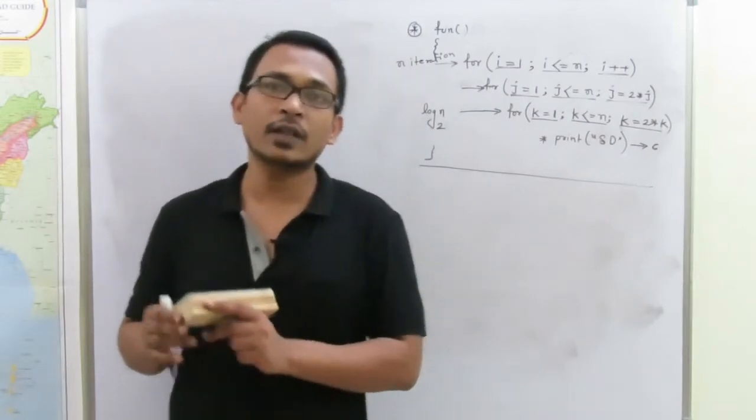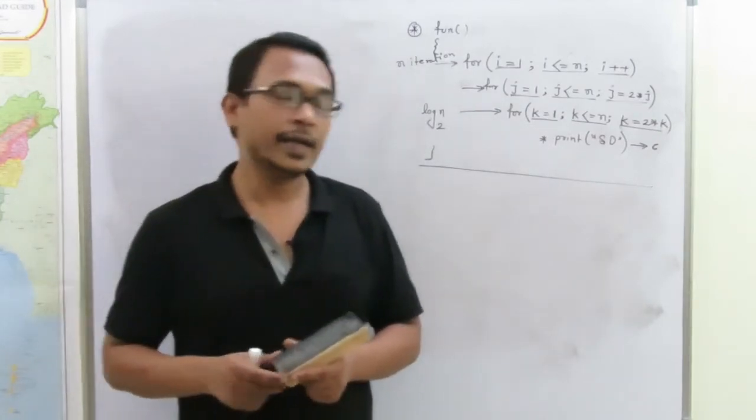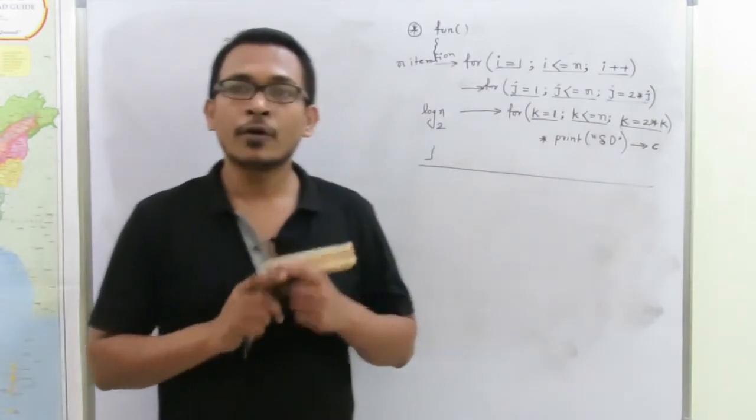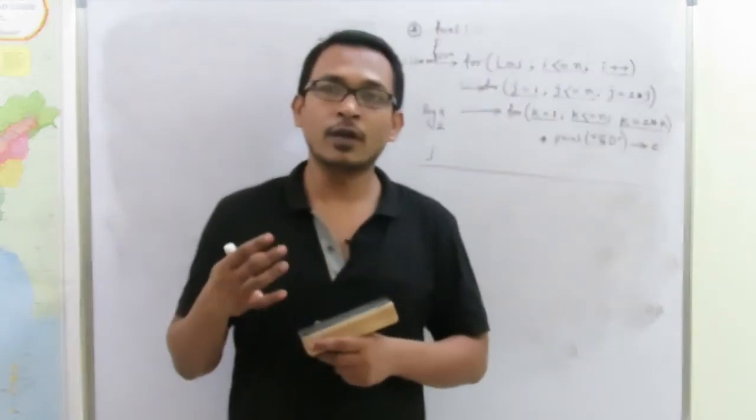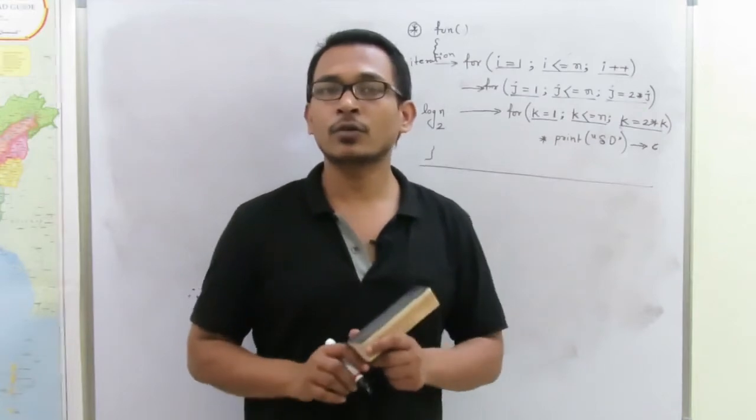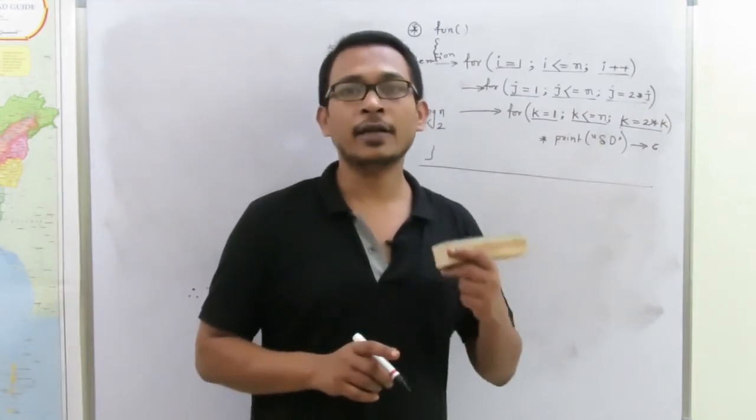Each time we double the value of j, and in such a case the complexity we get is log n base 2.